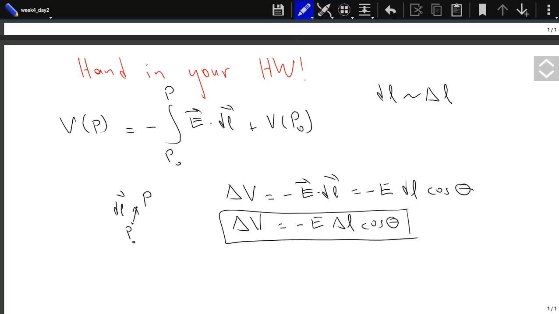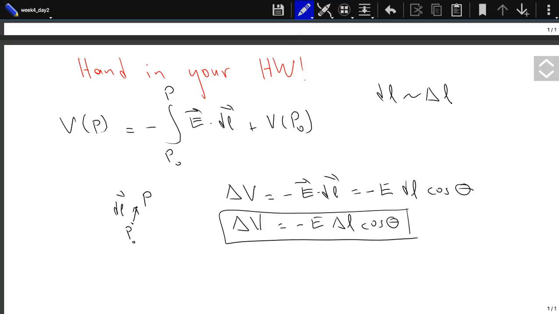Let us suppose that we keep delta L fixed. So we just step in different directions. Theta will be changing, and hence the measured value of the change in the potential will also be different. Now what is the maximum value of delta V?